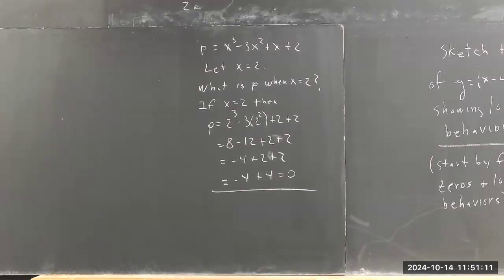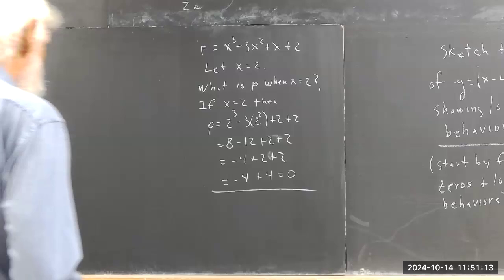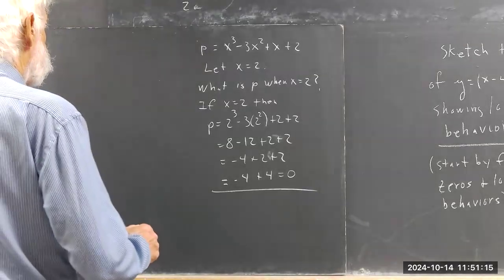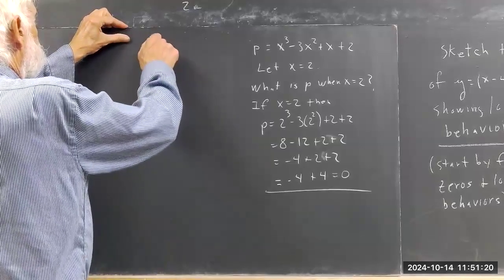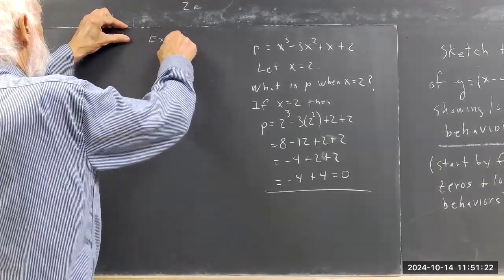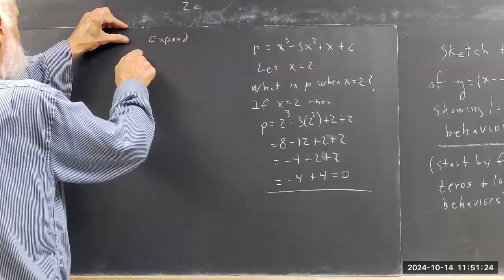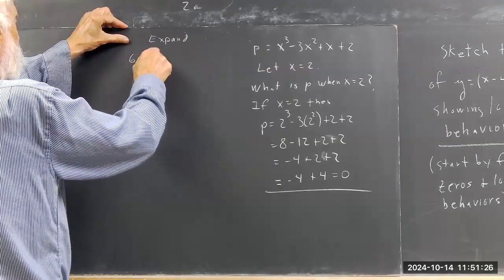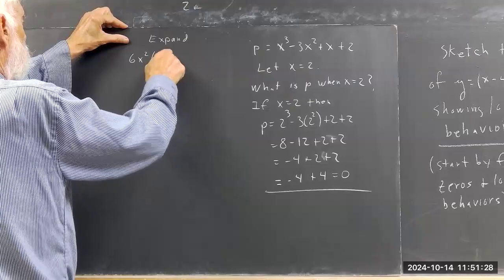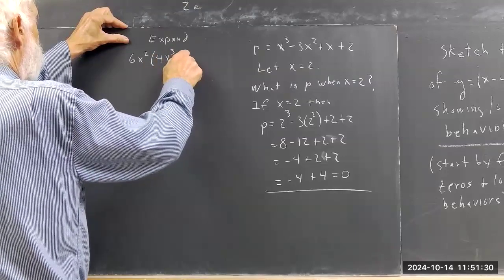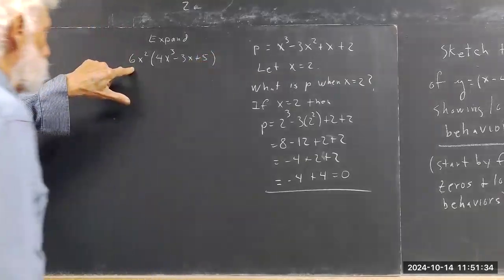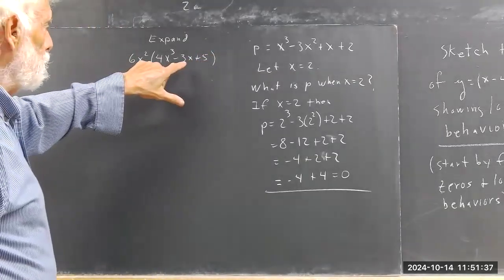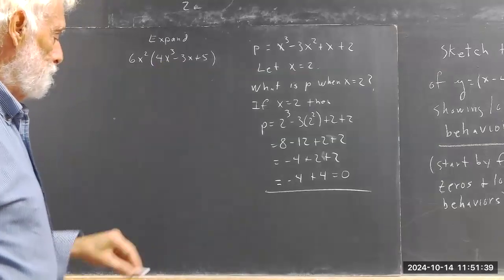Now let's do a little bit more with polynomials. Let's try, I'm going to say expand, 6x squared multiplied by 4x cubed minus 3x plus 5.